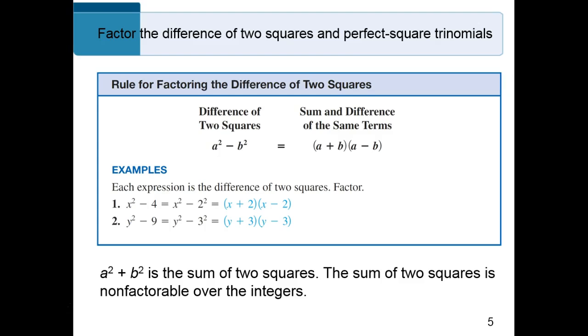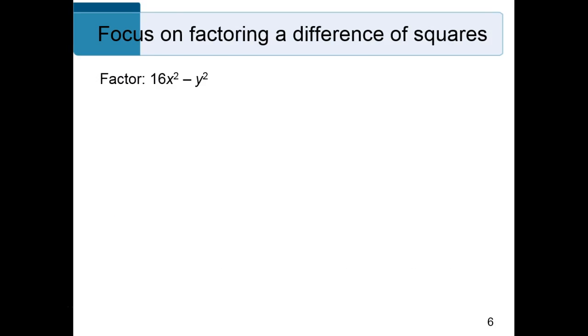Yes, every time. Sum of two perfect squares? Never factorable. And it doesn't just mean you can't factor it, it means it can't be factored. So that's not factorable over any integer. There are some numbers that can, but we won't get into those now.